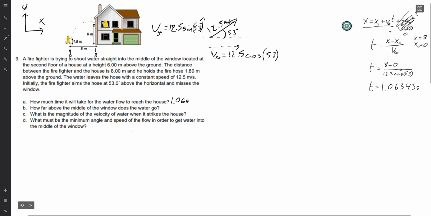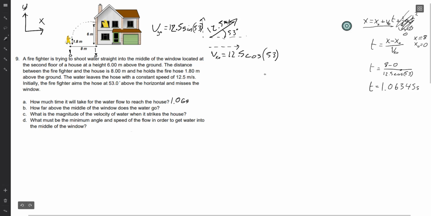So in the same way we use this equation here, but we remove the acceleration times time squared part because it was 0, we're going to use the same equation to find the vertical position of the water, but we're going to have to keep this in because acceleration is now not 0 anymore.